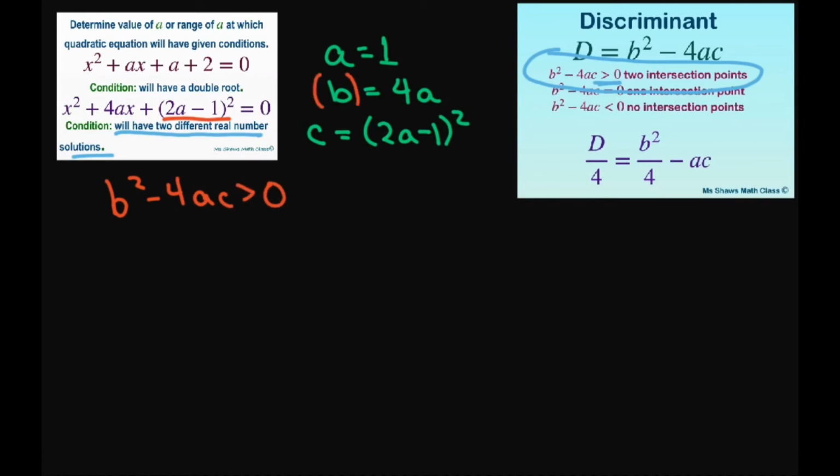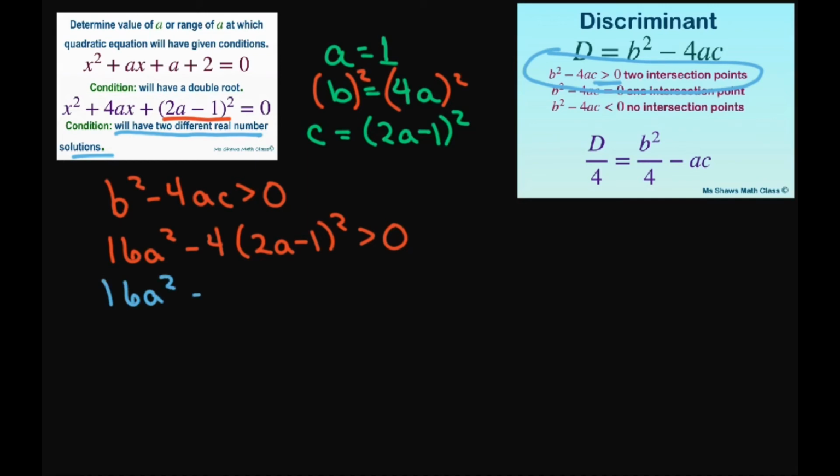So when you square this, we're going to get 16a squared minus 4 times 1. We don't need to put that 1, so let's just put the c. And this is going to be 2a minus 1 squared. It has to be positive. So we have 16a squared minus 4. Now let's look at that. This is going to be 4a squared minus 4a plus 1.